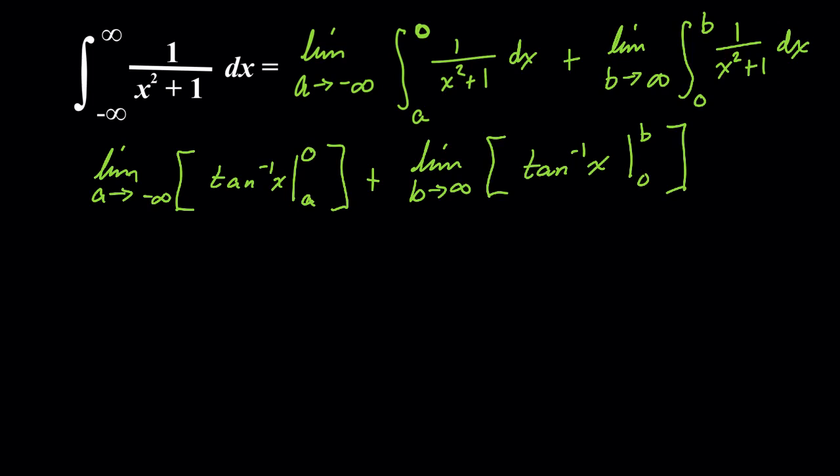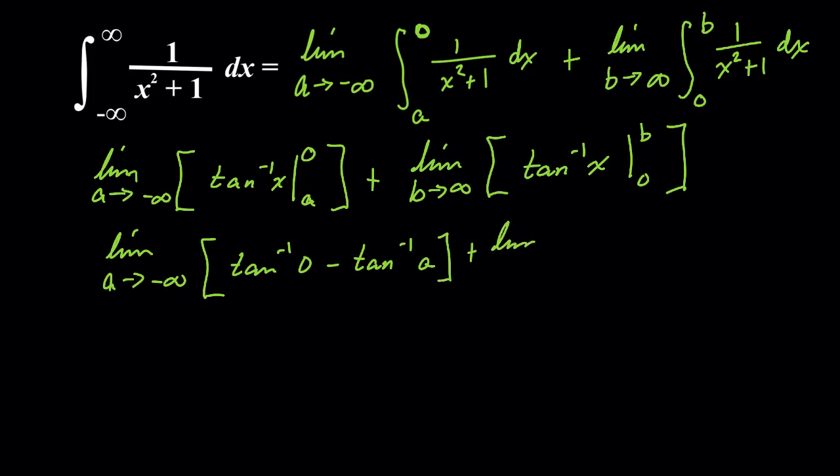All right, so now we're going to substitute in. So you're going to have tangent inverse of 0 minus tangent inverse of a, plus the limit as b approaches infinity of tangent inverse of b minus tangent inverse of 0.